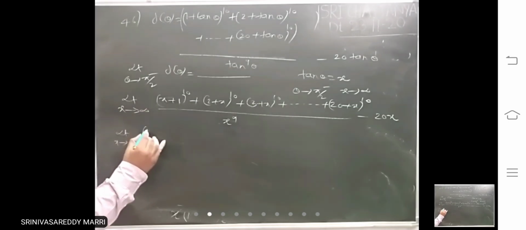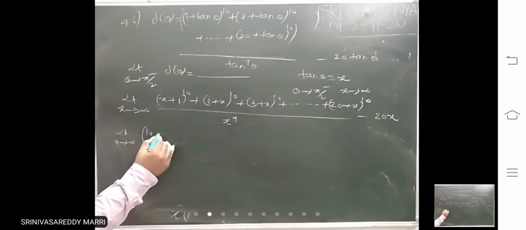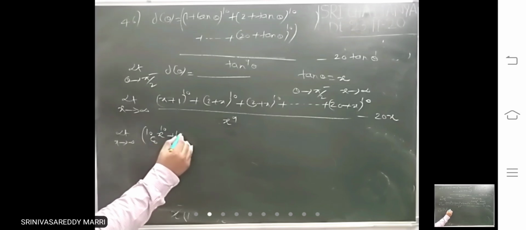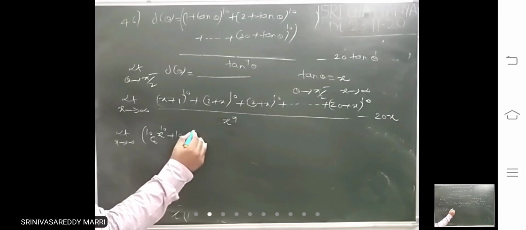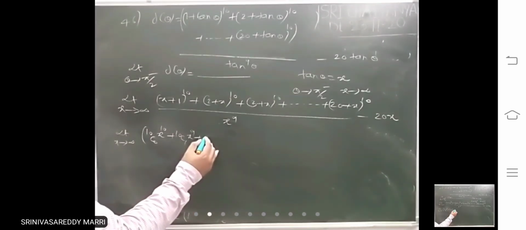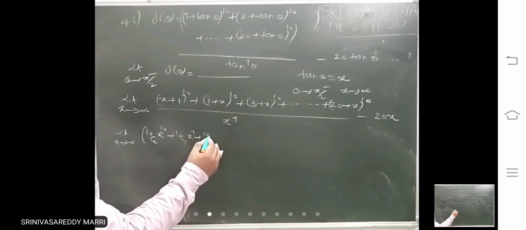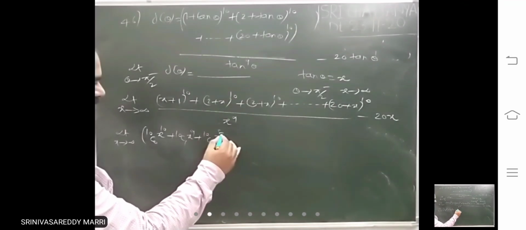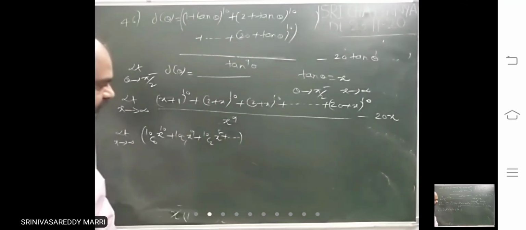That means first what you will get: 10c0 x power 10 plus 10c1 x power 9. Right? So this is 10c2 x power 8 plus and so on.